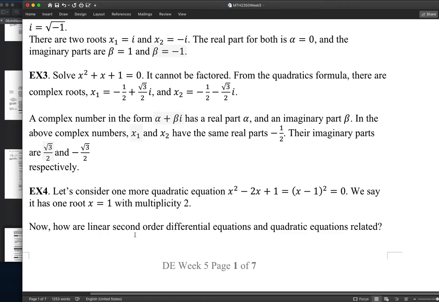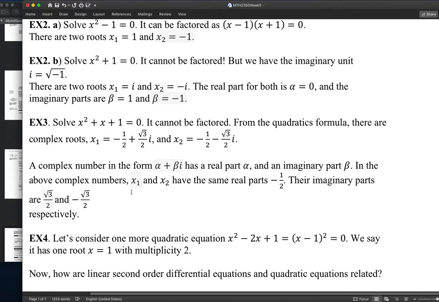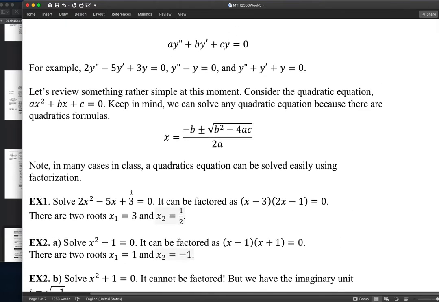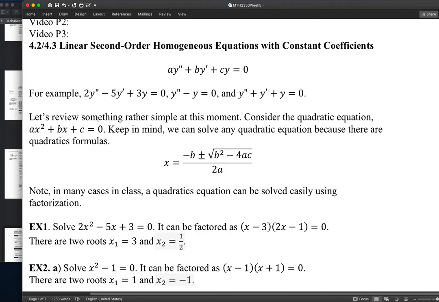And then you may wonder, what is the connection between the linear second-order differential equation and the quadratic equation? You probably already observed that I did use the same notation for the coefficients. Indeed, we could match each differential equation in this fashion with a quadratic equation.